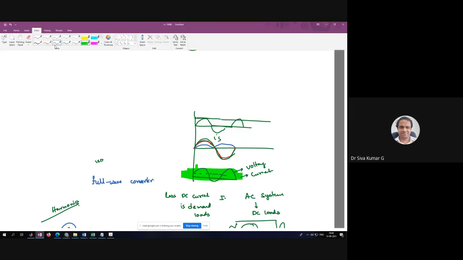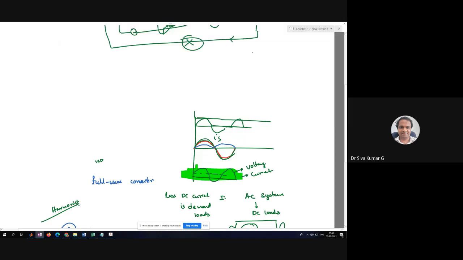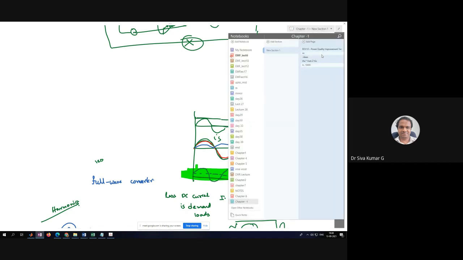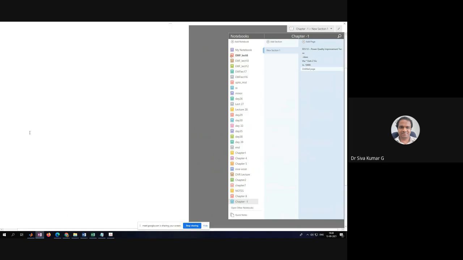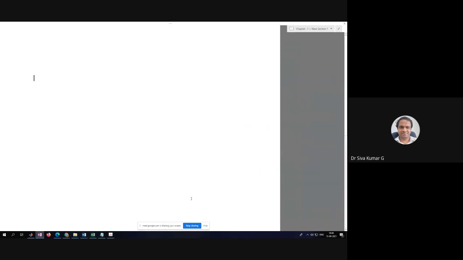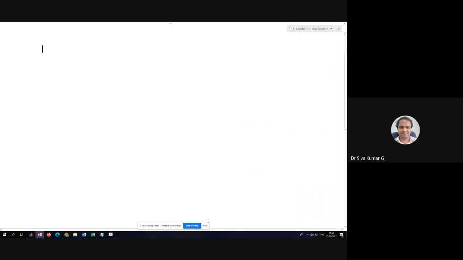Whereas if you are creating harmonics, suppose there is a sinusoidal signal and you add a third harmonic component.